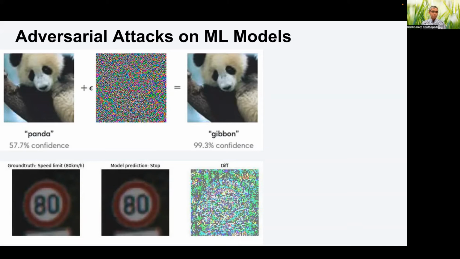Here is an example where the ground truth is the speed limit sign shown on the left, and the model, after a small amount of noise is added to the input, predicts that it's a stop sign. These are not just limited to digital photos or digital videos.